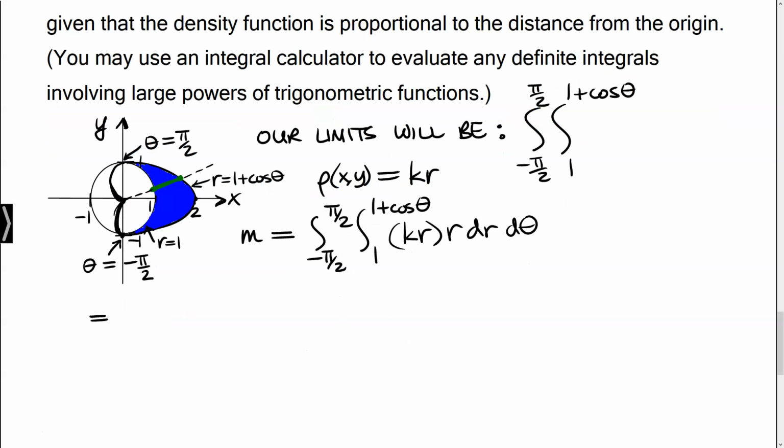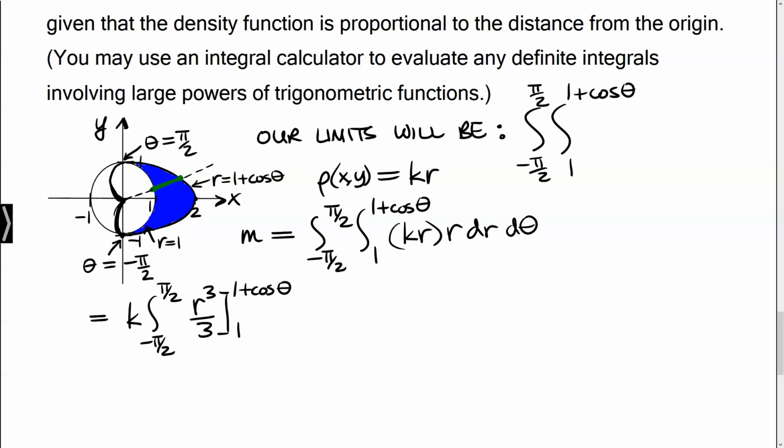The k can come all the way out. That's a constant. So we've got k times the integral from minus pi over 2 to pi over 2, the integral of r squared. So it's going to be r cubed over 3 from 1 to 1 plus cosine theta.